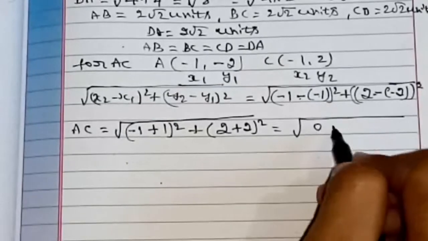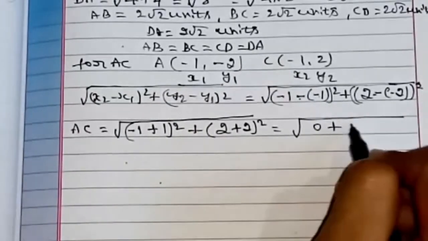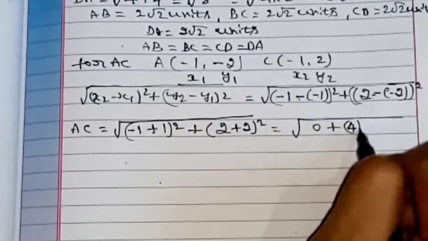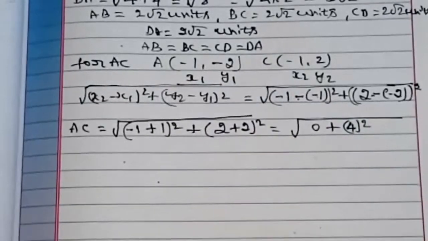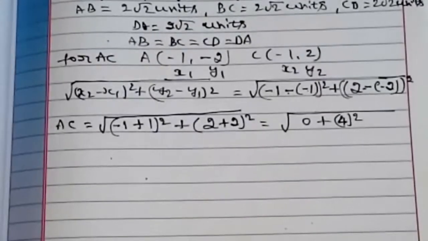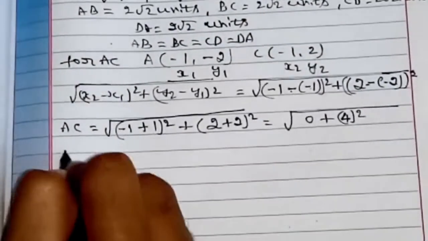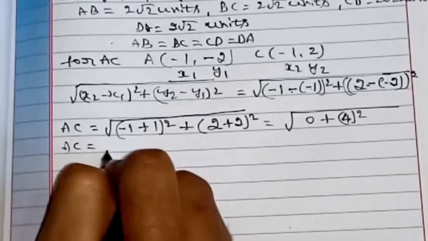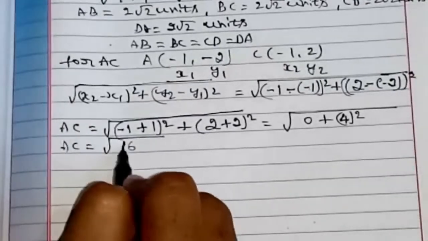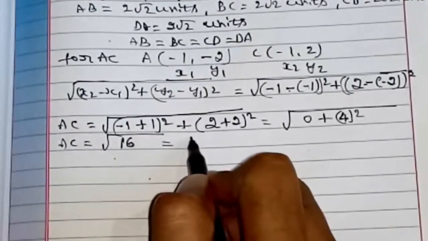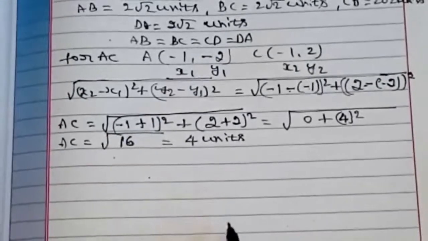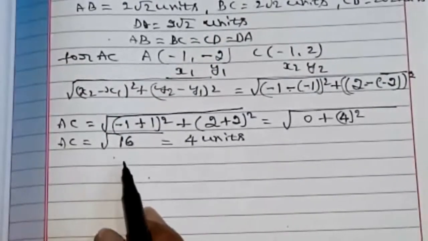So it's 0 plus 2 plus 2 is 4 square, right, children? So AC is equal to square root of 4 square, which is 16. The square root of 16 is 4 units. So this is the distance between A to C.